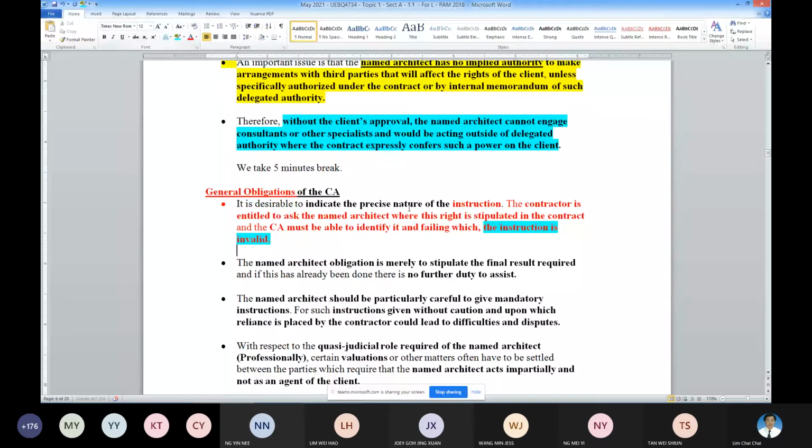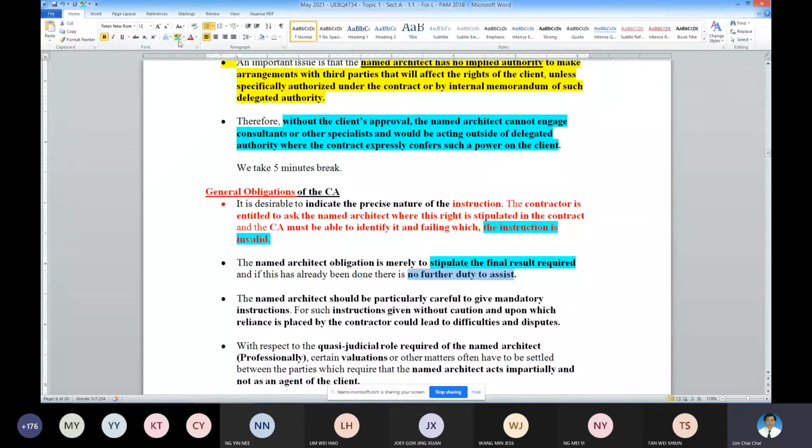So another obligation, architect is only to stipulate the final result. How the contractor get it is not the architect's problem. So this is obligation. And also, architect do not have the duty to assist the contractor if the contractor cannot get the result.